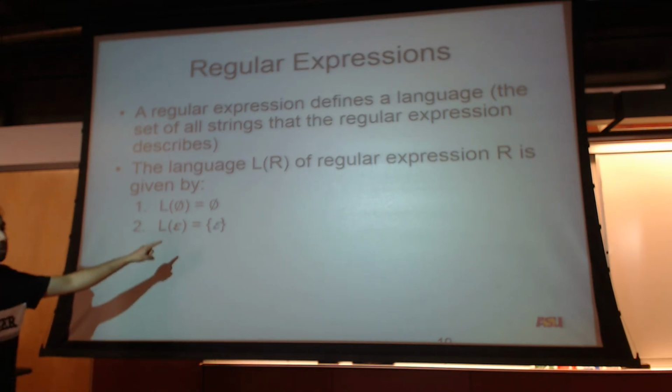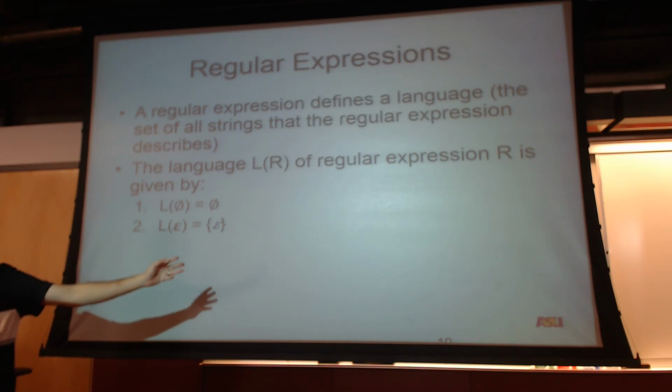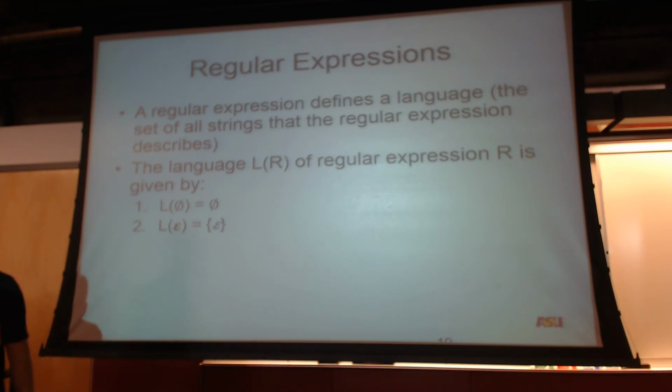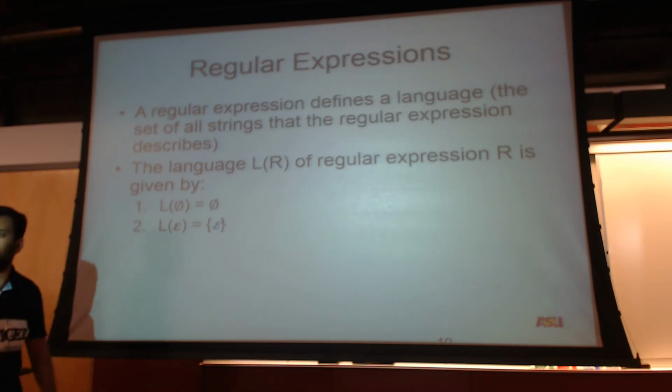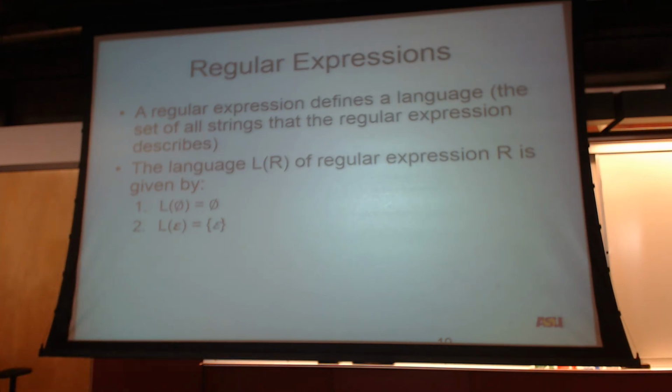Since it is a set with a string, it is a subset of sigma star, and any subset of sigma star is a language. So this is also a language, and it has just a single string. Then the language of A, where A is any alphabet symbol from sigma, is a set that consists of only a single string, that is A.